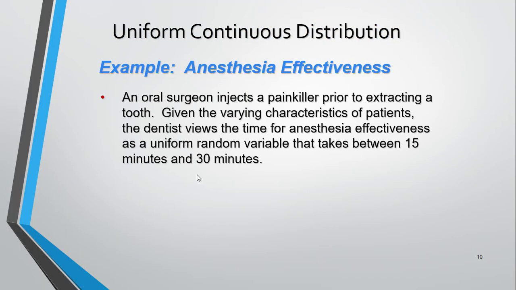Let's use this uniform distribution as an example to work on the anesthesia effectiveness problem. Most of us probably have had a tooth extracted over the years, right? An oral surgeon injects a painkiller prior to extracting a tooth.